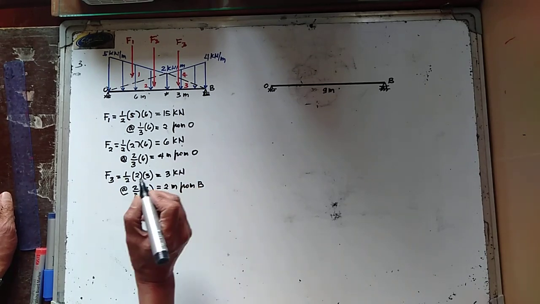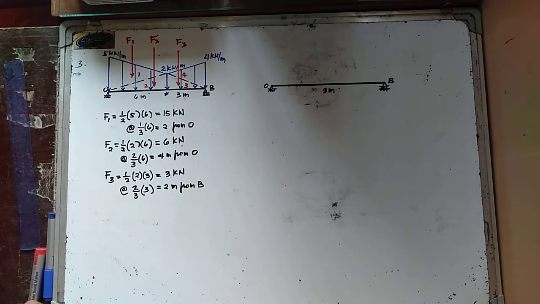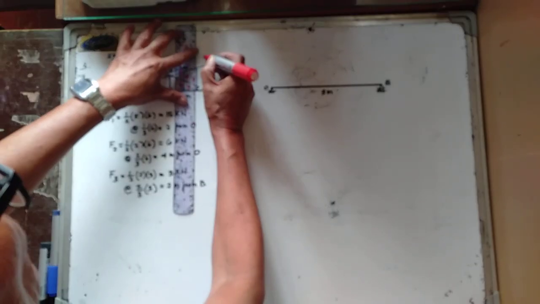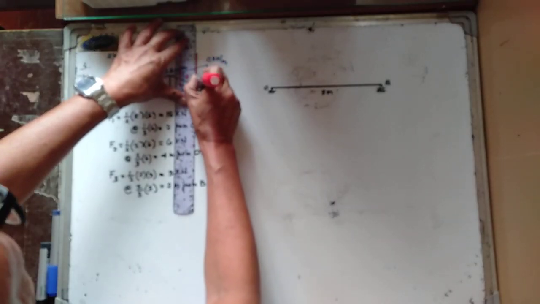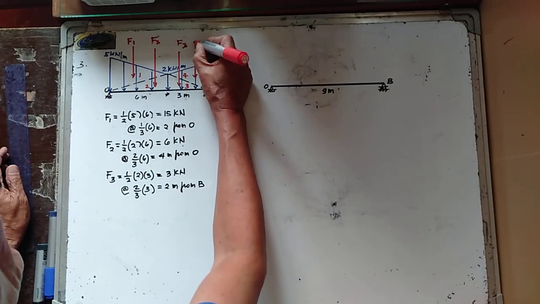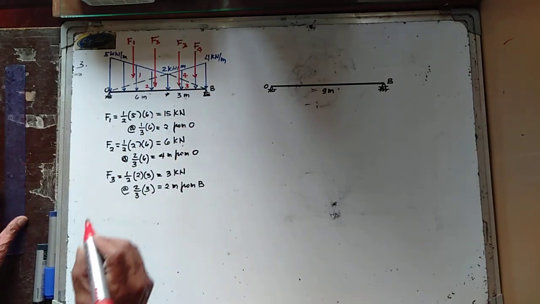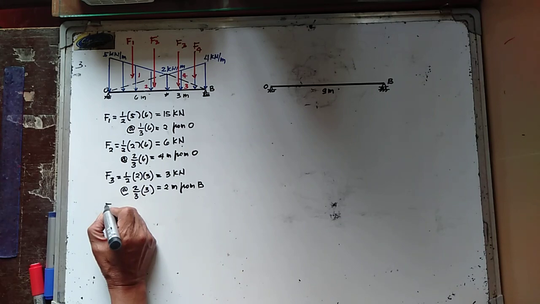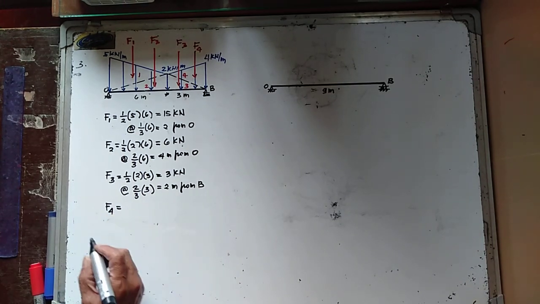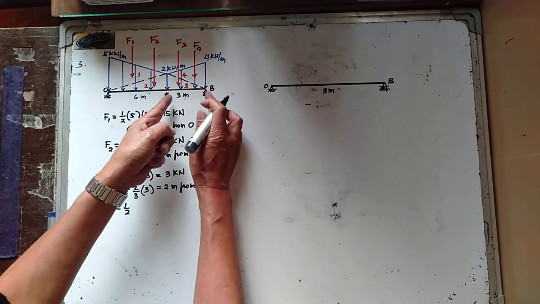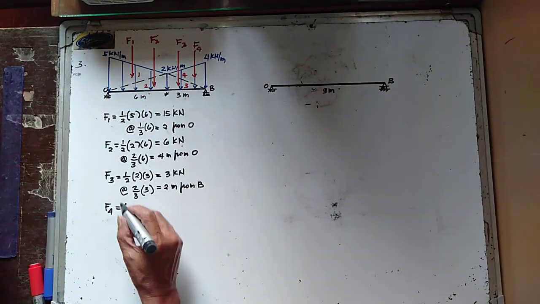from B. And we have the last area, and this is the equivalent force of area 4, and that one is now your F4. So your F4 is now equal to 1/2 of 4 multiply this one by 3.